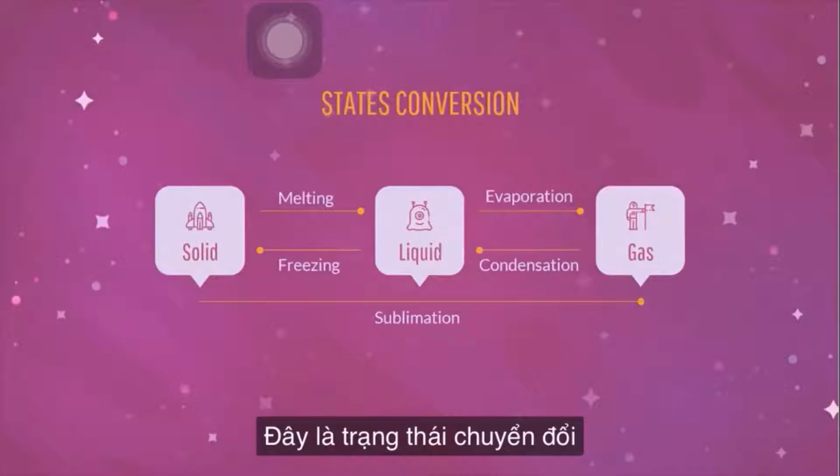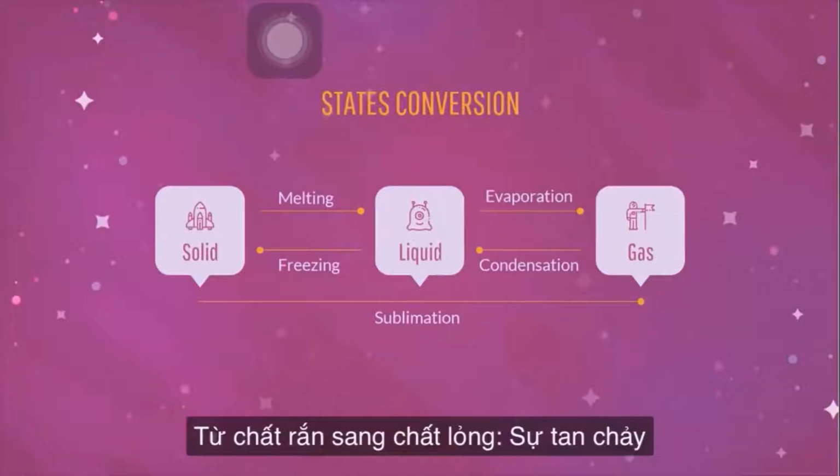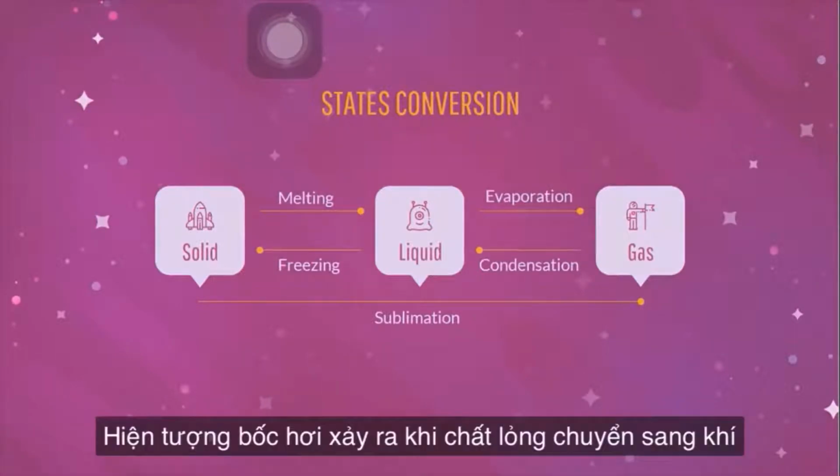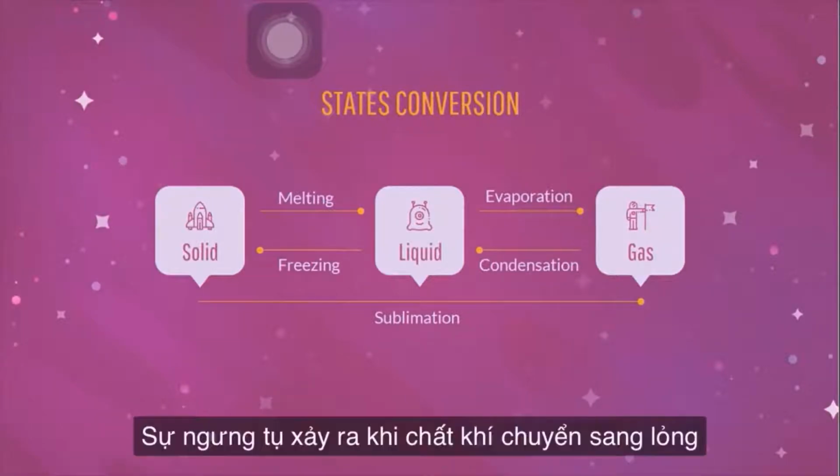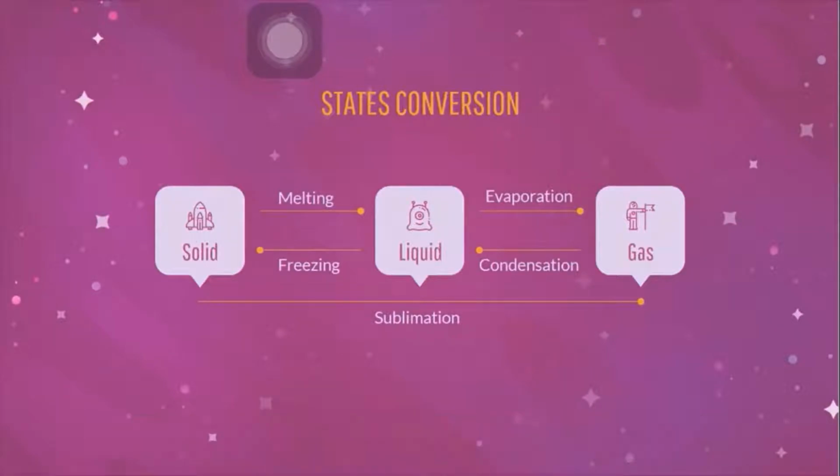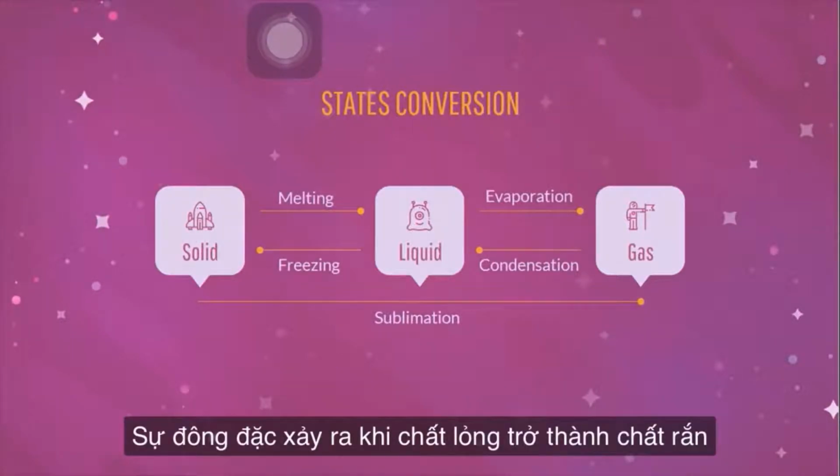This is the state conversion. From solid to liquid, we call that melting. Evaporation happens when liquid is converted into gas, condensation is when gas is converted into liquid, and freezing is when liquid becomes solid.